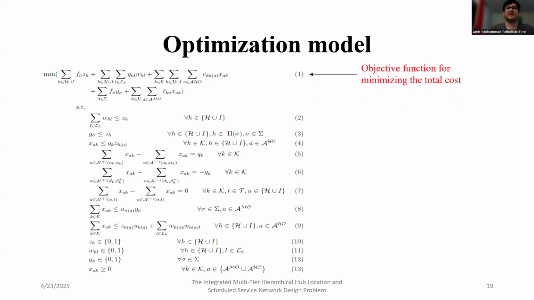So the objective function is defined as a total cost, where we consider the fixed cost for the selection of the secondary and primary hubs, the fixed cost for the capacity configurations for the secondary and primary hubs, the variable costs for storing or holding the demands at hubs, and also the fixed cost for the selection of the services and the variable costs related to the unit of transportation using the services.